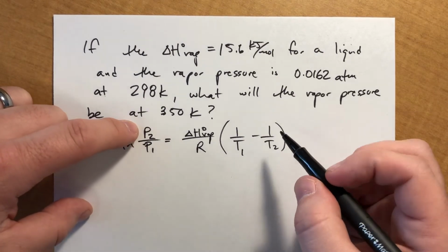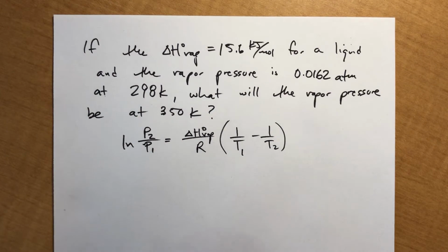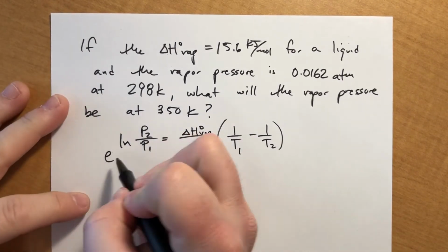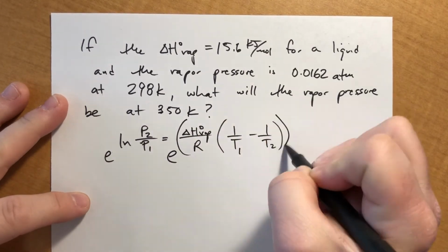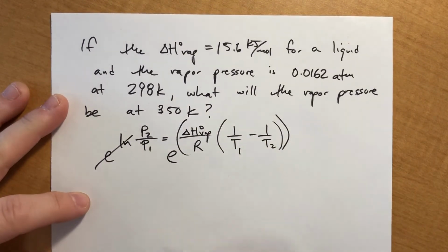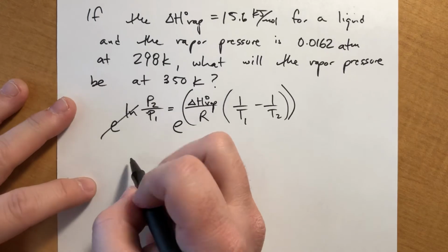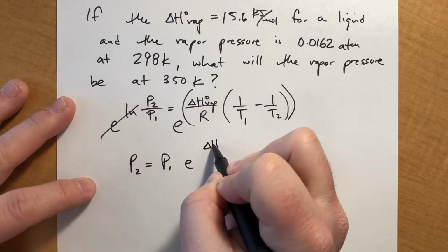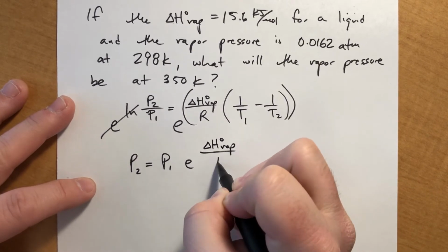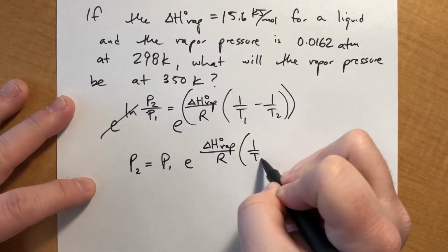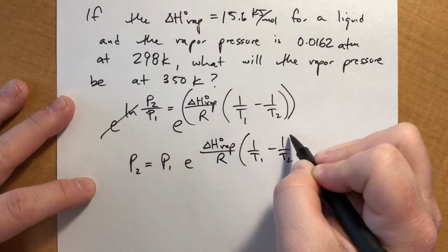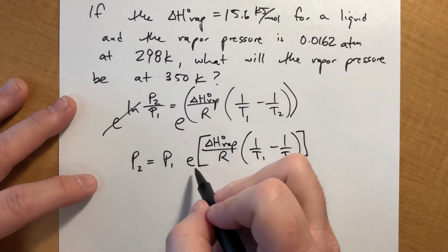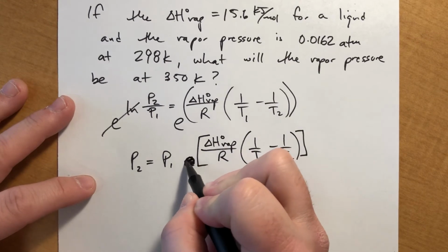So let's rearrange this equation to solve for P2. We're going to have to get rid of the natural log first, which means all of this is now an exponent. And then we multiply P1 to the other side. I'll put all that in some sort of bracket, so it looks more like an exponent.